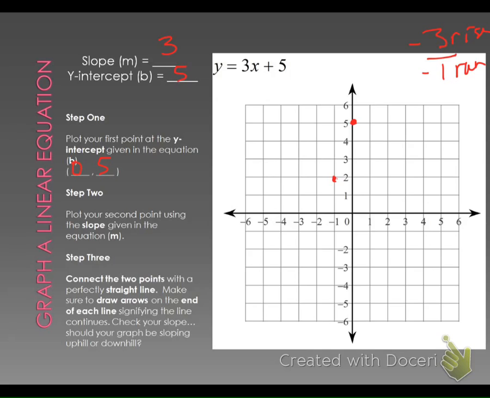So that's located right there. You can follow that same pattern down 3, 1, 2, 3 because it's a negative 3, and back 1 because it's a negative 1. Then plot your points and draw your line.